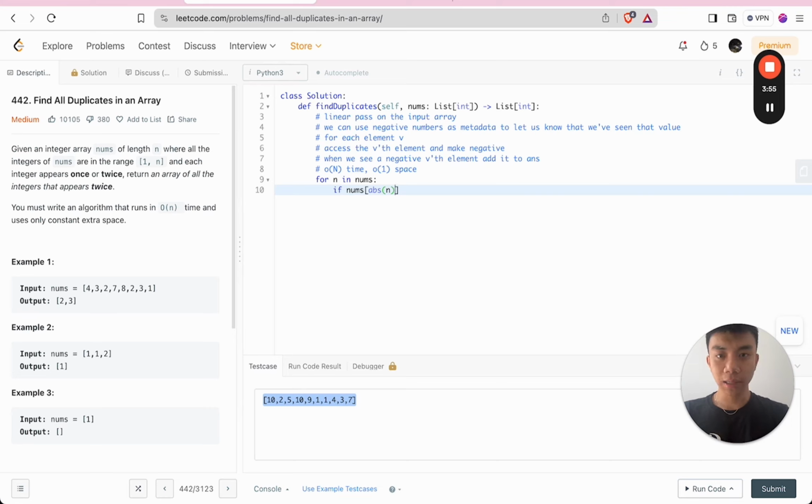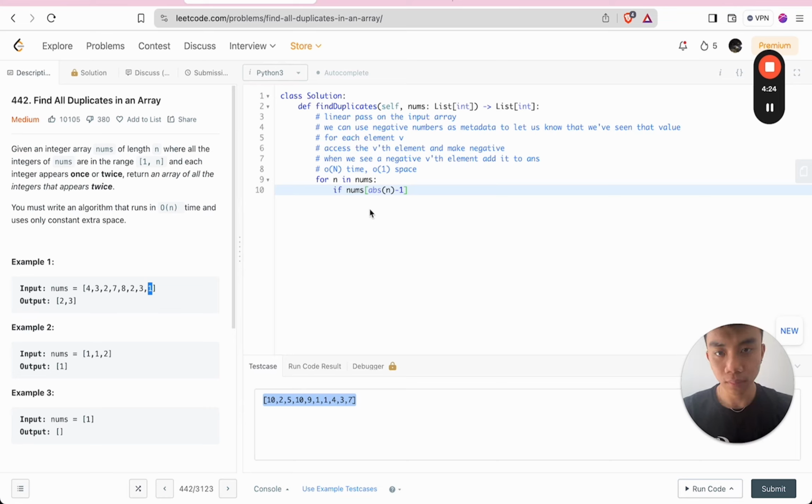So we have to grab the absolute value, and then we have to subtract 1 because, for example, if we grab the 8, we can't access the 8th element with the value 8 because that would be out of range. The 8th element is at index 7. That's why we have to subtract 1.